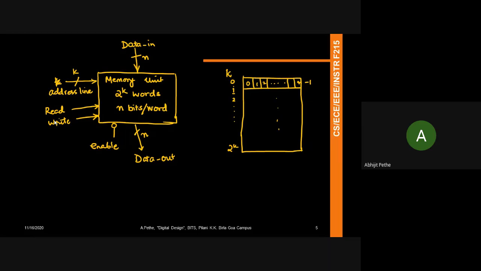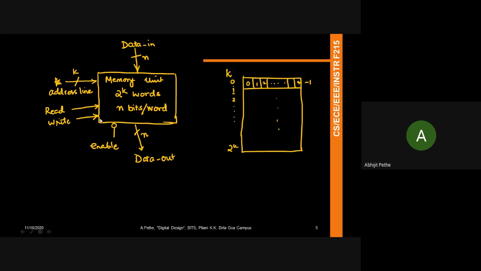So in this case, when this read line goes high, it indicates to the memory that I'm reading from the memory. When this write line goes high, it indicates to the memory that I'm writing to this memory. So I will also ensure as a user that read and write both don't go high at the same time.